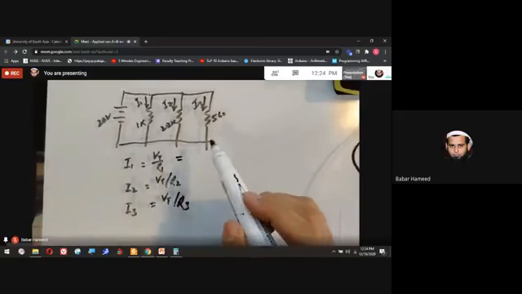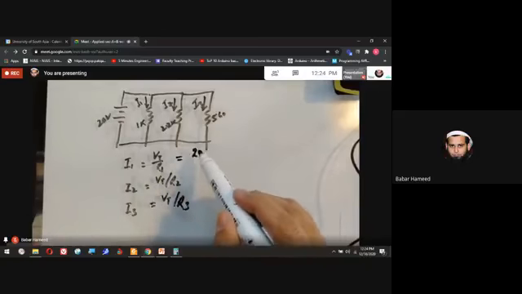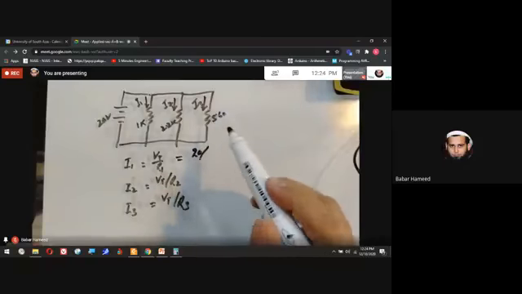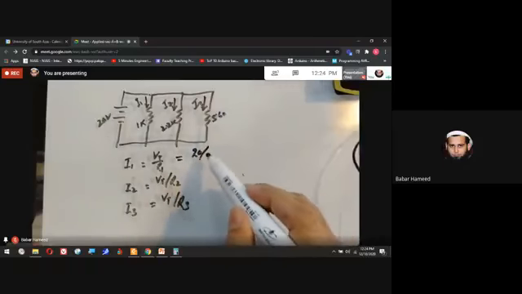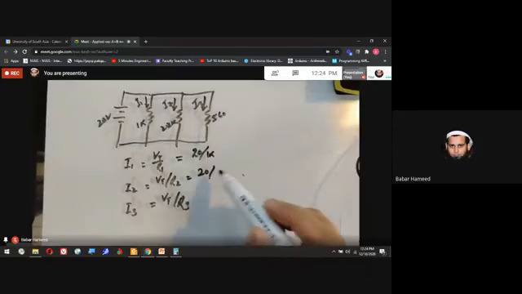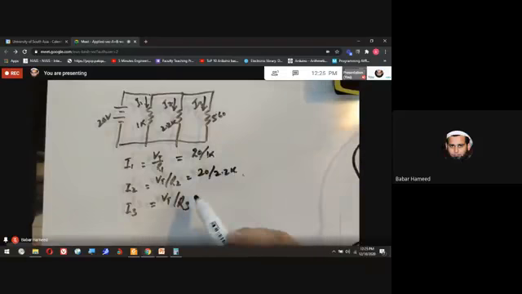Vt here is 20, over R1 which is 1 kilo ohm, 20 over 2.2 kilo ohm, and 20 over 560 ohm.